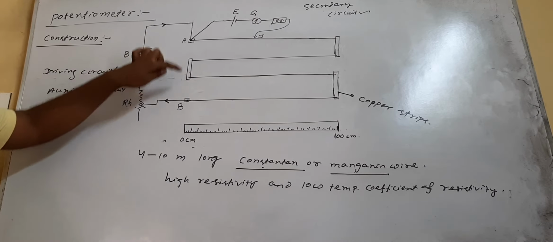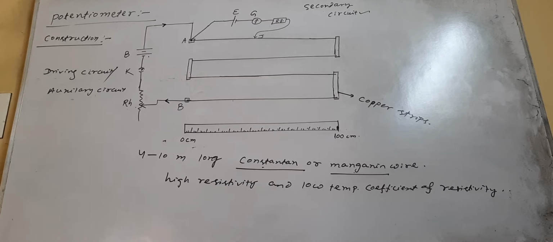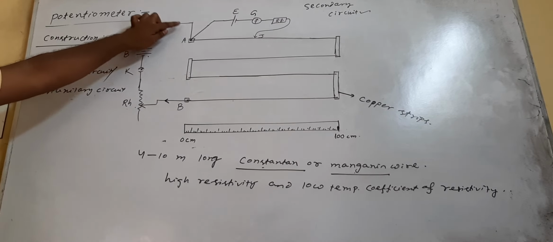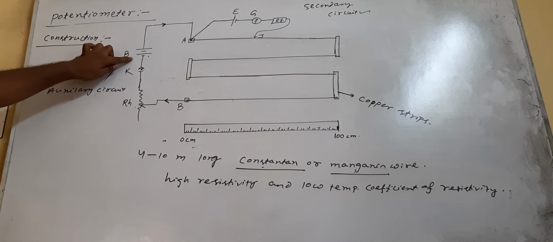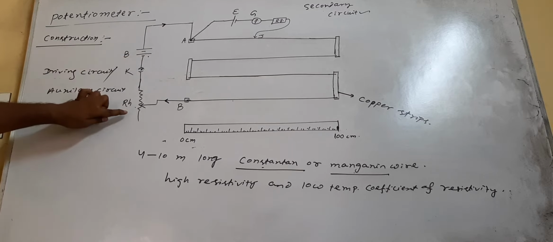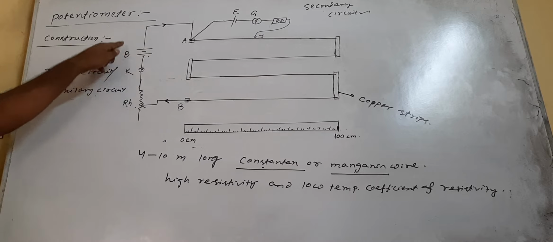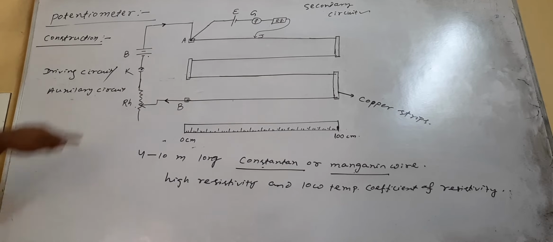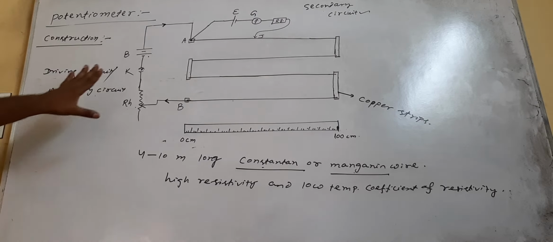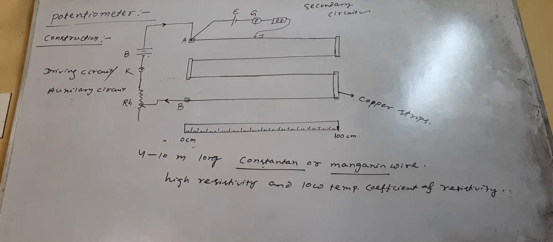The two ends of the potentiometer wire are connected to a battery and a rheostat through a key K. When the key is closed, then current flows through the circuit. This is called the driving circuit or auxiliary circuit.